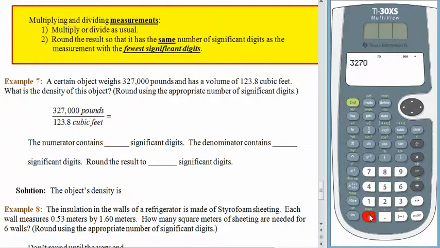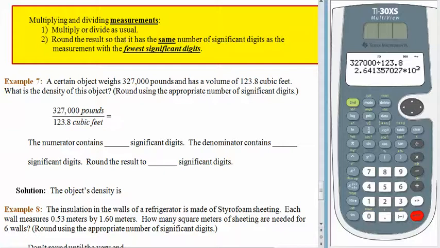327,000 divided by 123.8 and see what we get. All right, this long thing times 10 to the third. So let's redo that. That will be 2, move the decimal point 3 spaces to the right, 641.357.027, and you know that there are more digits after that.